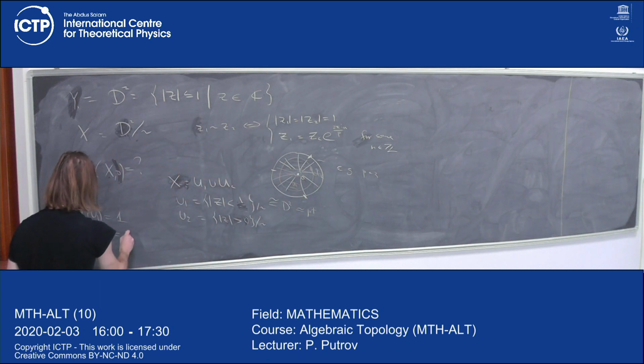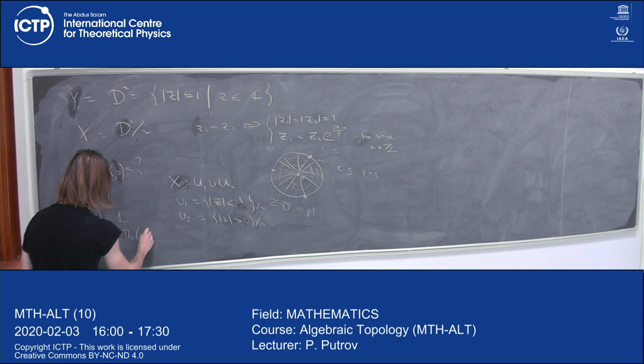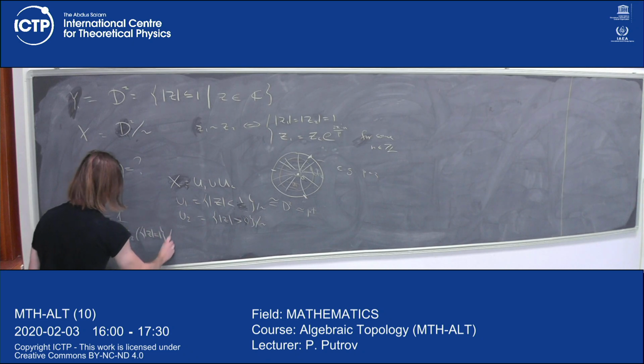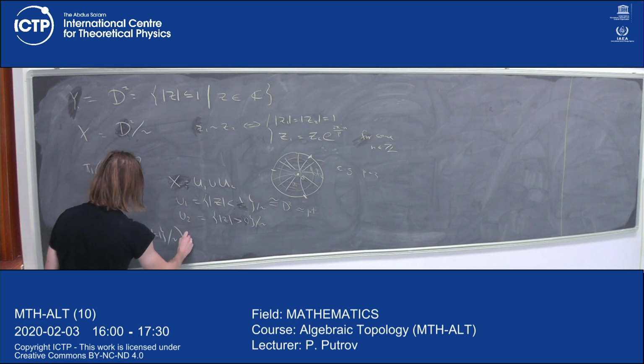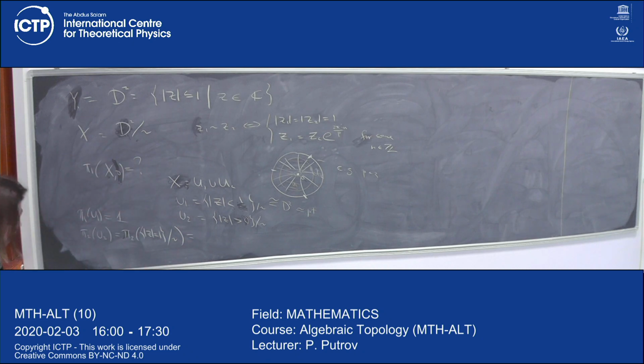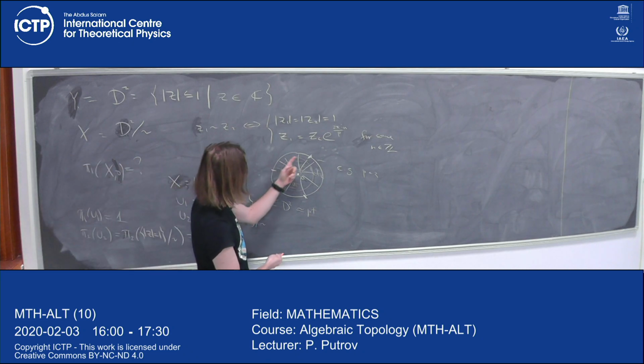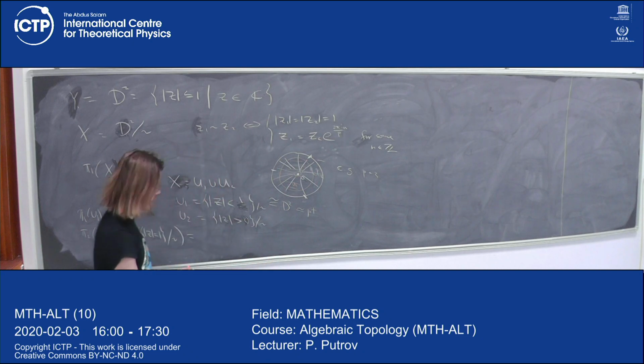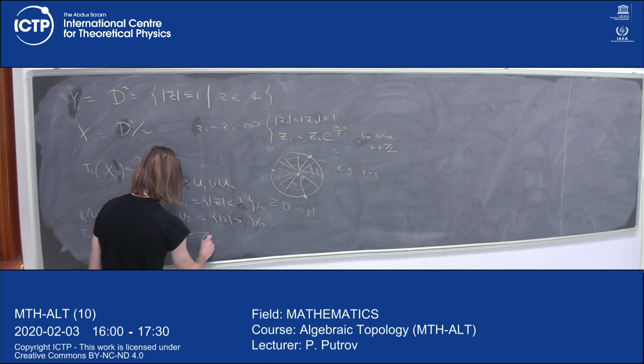So this will be the same as pi1 of this boundary circle divided by the quotient. But for the circle, this quotient just gives me again the circle.